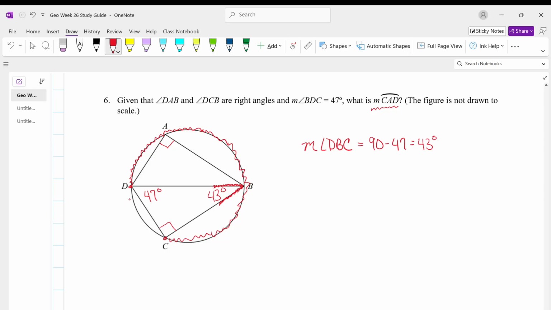Its corresponding arc is right here, DC. Well, the measure of arc DC is equal to 2 times 43, which is 86 degrees.